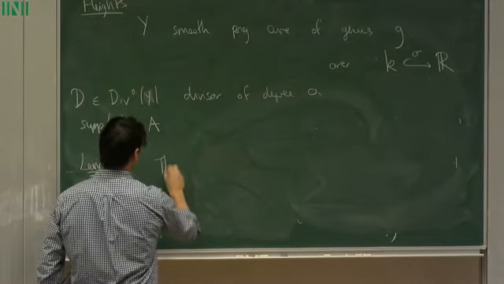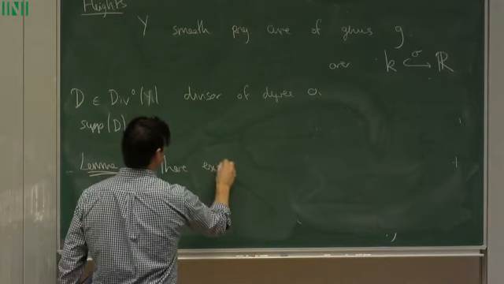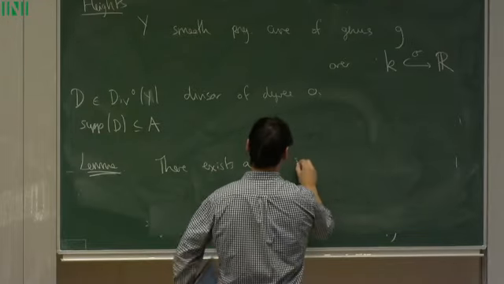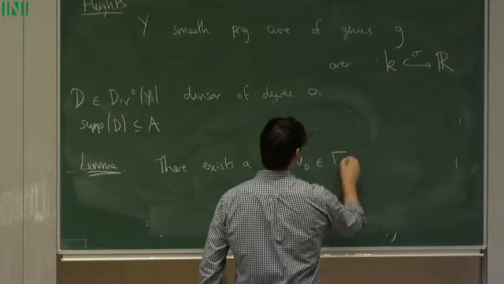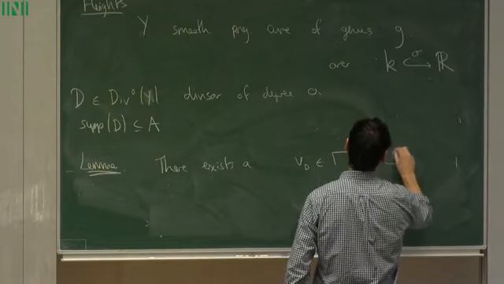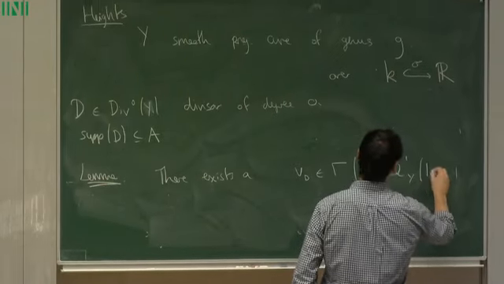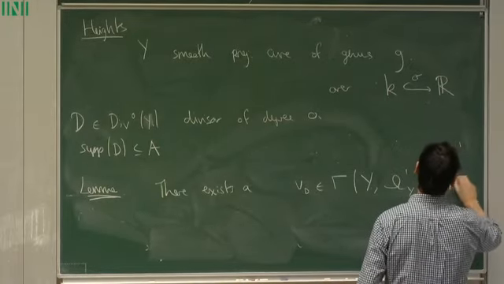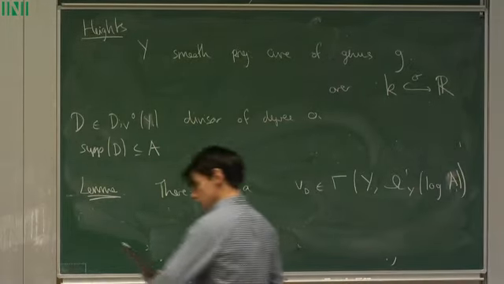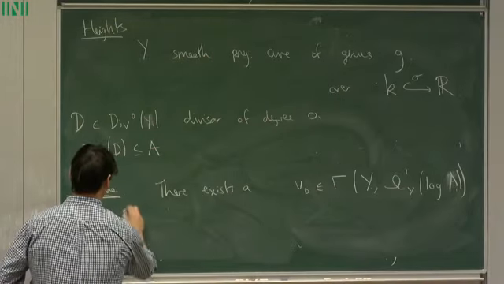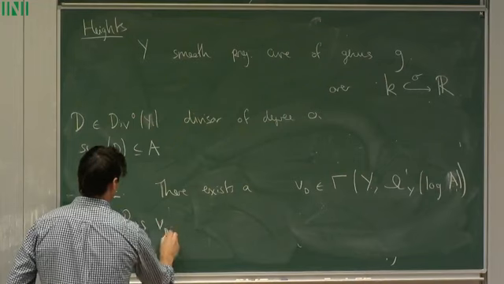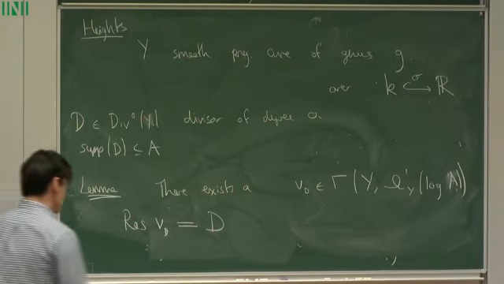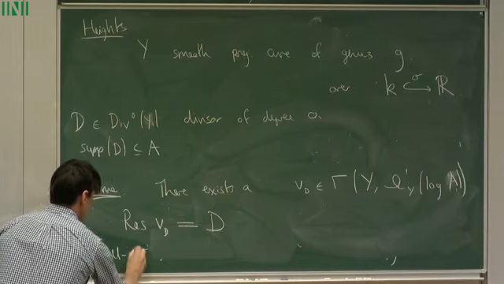So, a lemma, which is very easy. There exists a logarithmic form with at most logarithmic singularities along A, which is the support of this divisor, such that the residue of this form equals D. But it is not well defined.